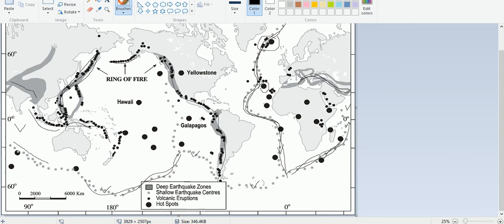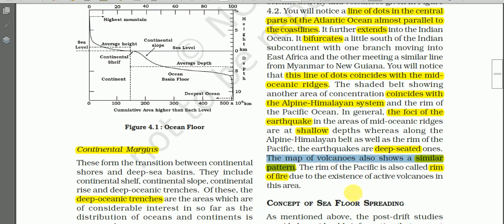And the rim of the Pacific is called the Rim of Fire due to the extensive active volcanoes in this area, as shown in the map.